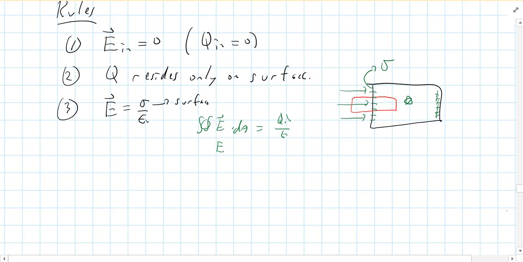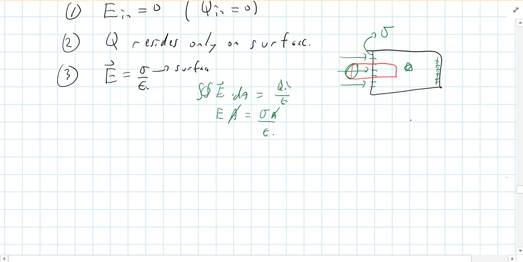Well, this becomes E times, well, there's only this area that the electric field's passing through. So you get A. Q in is equal to sigma times A over epsilon naught. Your area drops out and you get your electric field. But notice that that sigma, it's not like the total sigma for the shape. It's just a sigma on that particular surface.